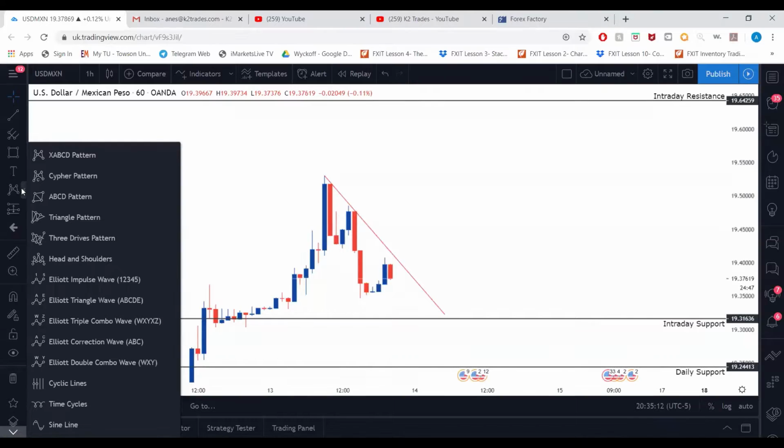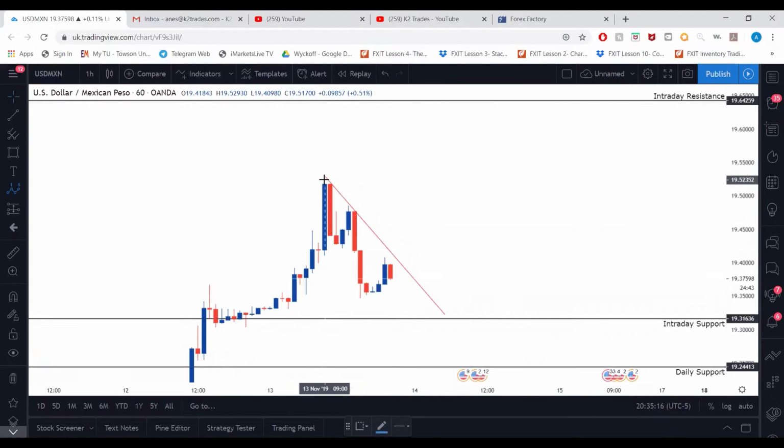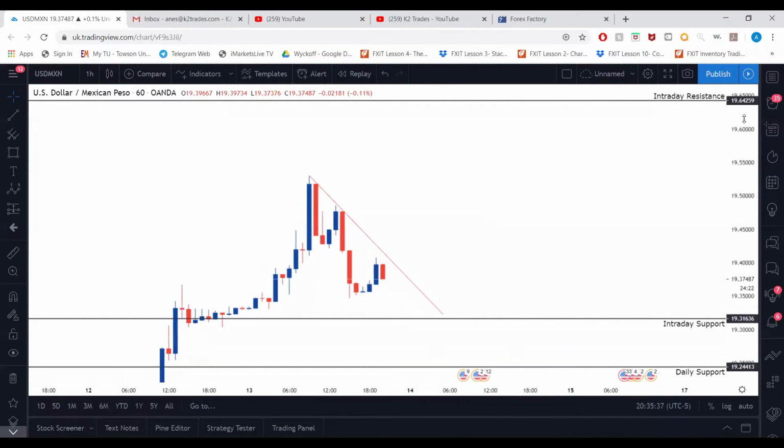Some people use like the Elliott wave, and they will do this 1, 2, 3, 4, and then ends there. And you can watch for push from this level, and to be a little bit safer, watch for the breakout. So that's what I see on USD MXN.